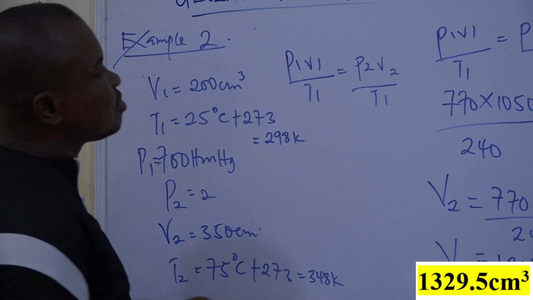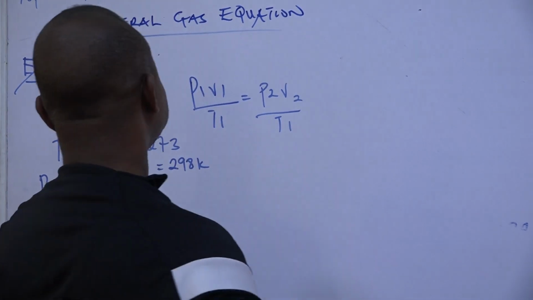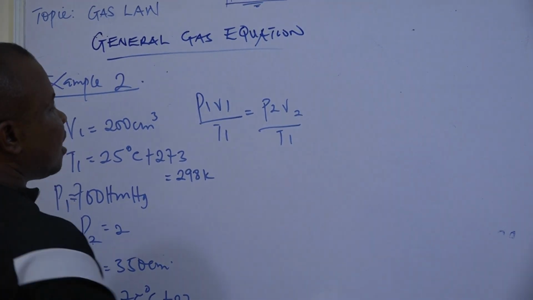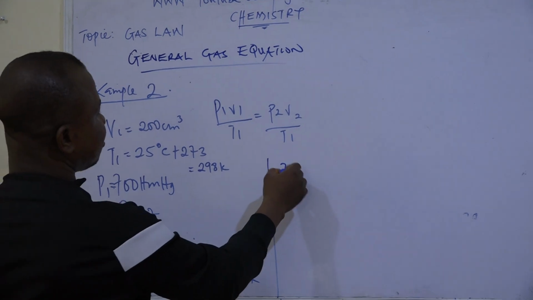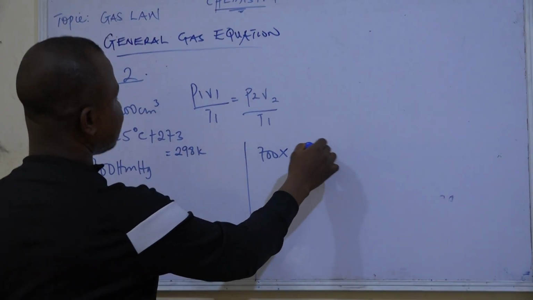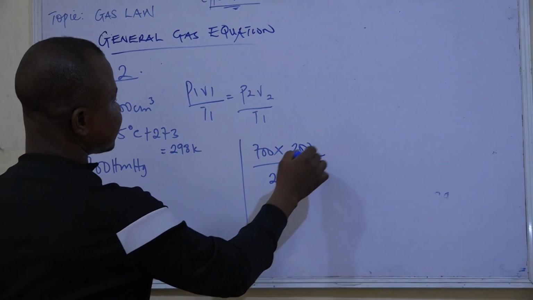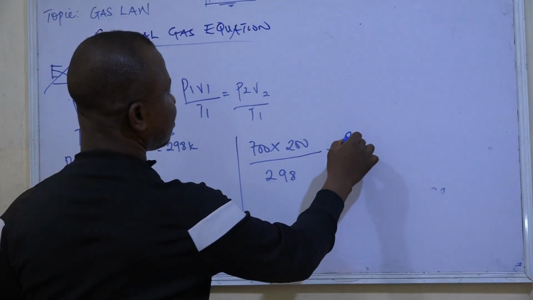So let's use our formula by substituting the values that we have respectively. Our P1 will be 700 multiplied by 200 over 298, which equals our P2, what we are looking for.